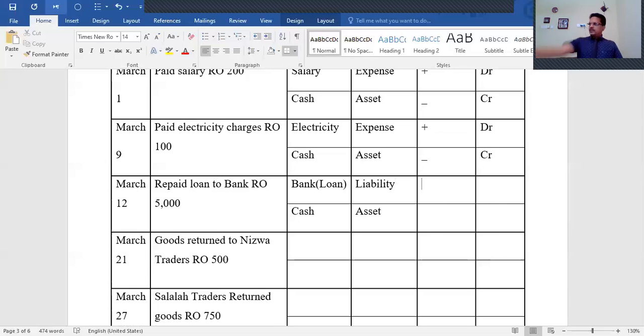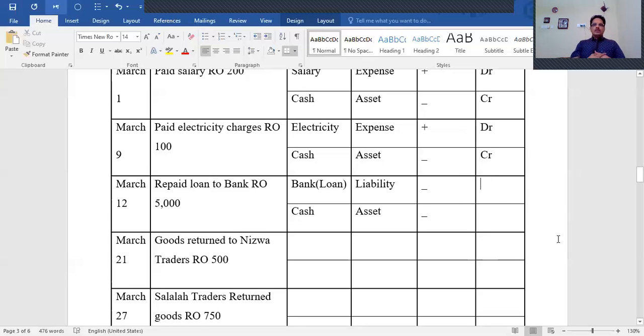So when you repay the loan, your liability decreases. And your cash also decreases, because you take money from your office and repay the bank loan. So your cash decreases, your liability also decreases.